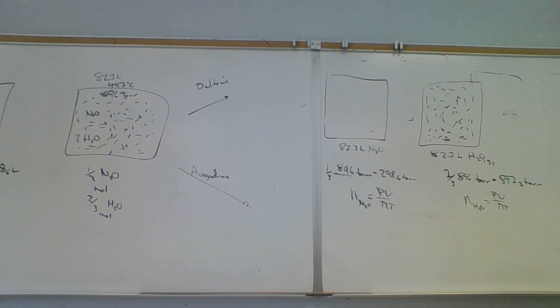That's right, 896 torr. And so I'm going to have 896 torr of nitrous oxide. The volume is going to be 24.43 liters of nitrous oxide. What's the pressure of water vapor? 896.